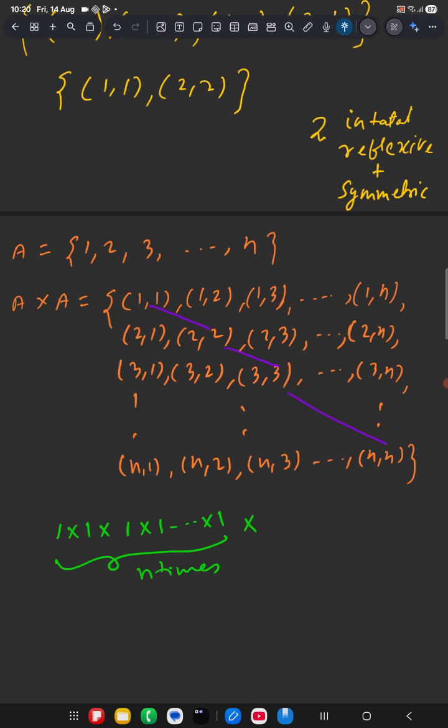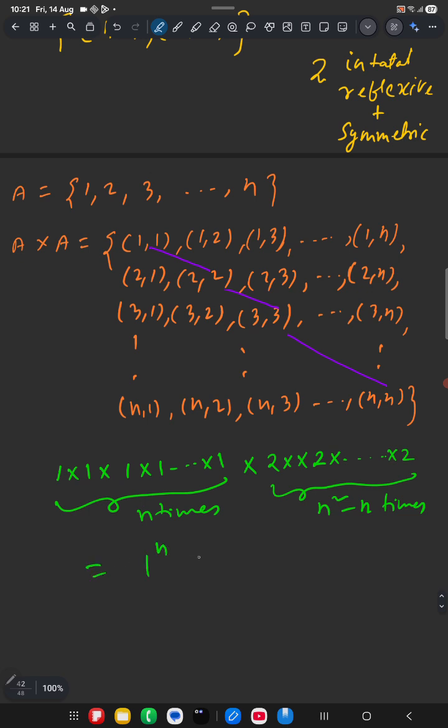So each such pair has two choices, and the number of such pairs is (n square minus n) by 2. So you multiply it into 2 raised to the power (n square minus n) by 2, half of that, because we take the pair (1,2) and (2,1) as one entity.